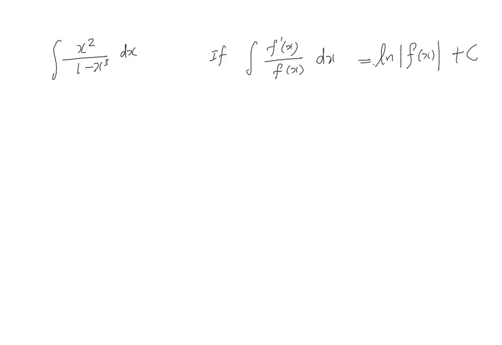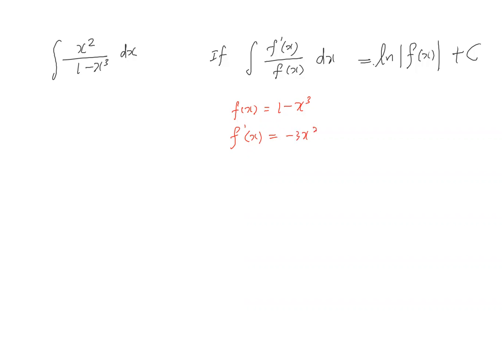Am I right? So now what am I going to create on top? I'm trying to create my top as my f prime x. So from here, I imagine my fx. So my f prime x should be negative 3x squared.